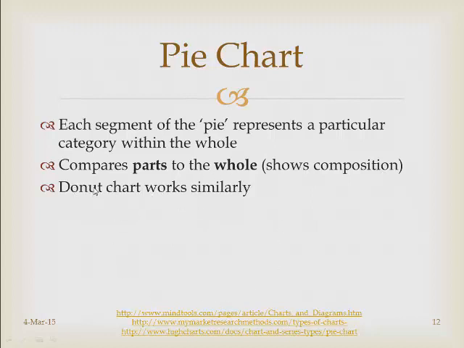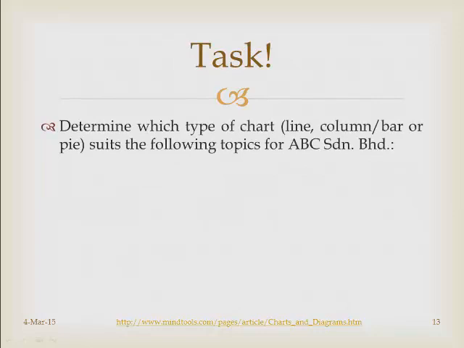Okay, so similarly, the donut chart is the same thing as the pie chart, except that it's made of concentric circles, a ring rather than a whole complete pie, so to say, right? So that's the pie chart, and that's about it.